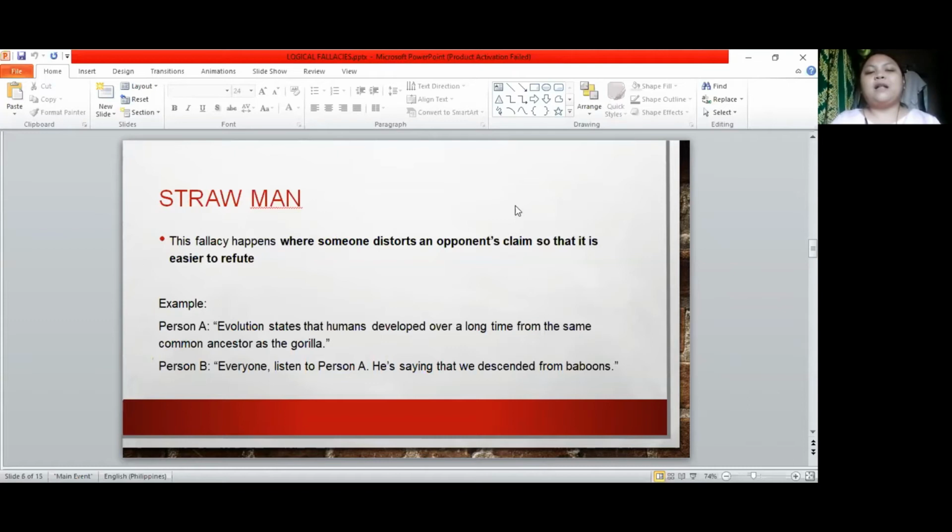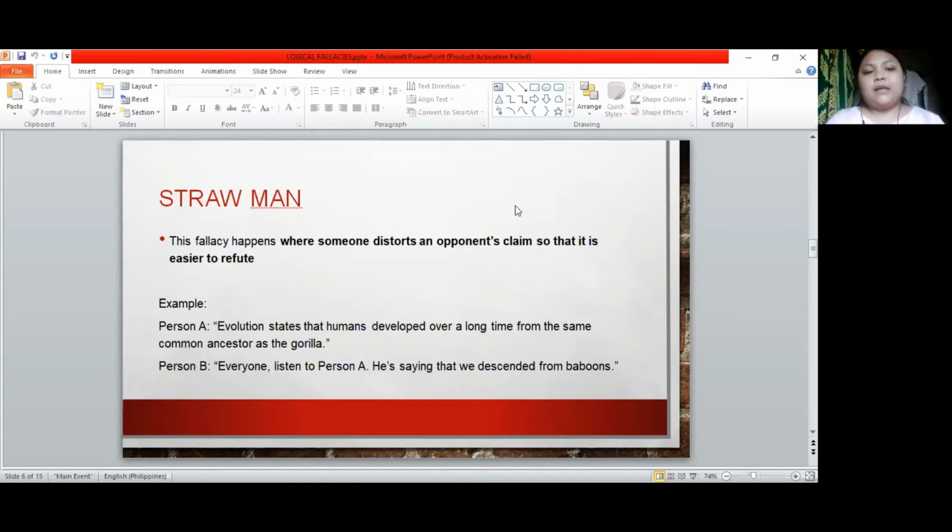So next fallacy is straw man. This fallacy happens when someone distorts an opponent's claim so that it is easier to refute or rebut. For example, person A says that evolution states that humans developed over a long time from the same common ancestor as the gorilla, while person B says, everyone listen to person A. He's saying that we descended from baboons. All right.